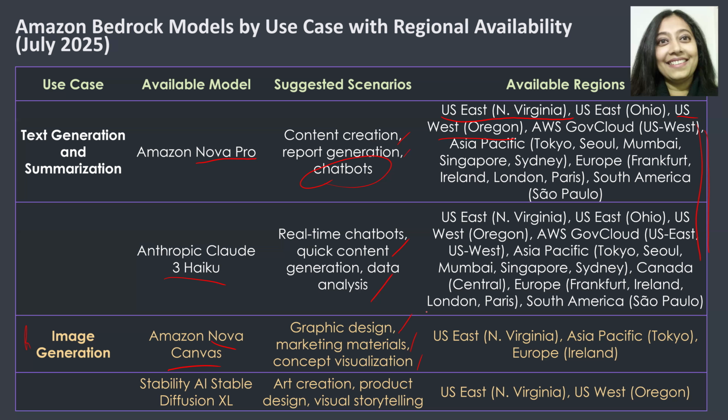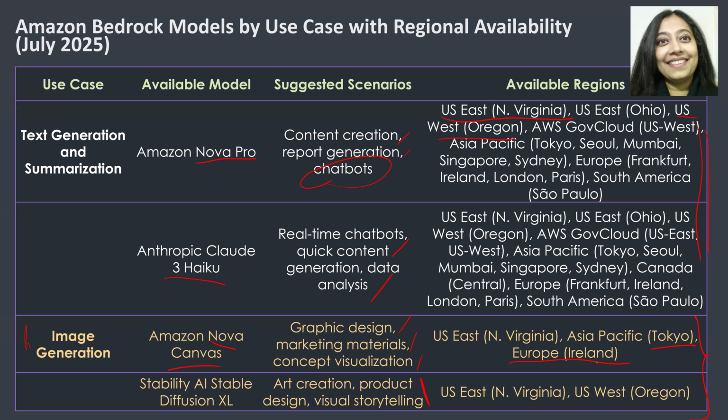Whereas Stability AI Stable Diffusion XL is good for art creation, product design, and visual storytelling. And these are the regions where these models are available. So Nova Canvas is available in Asia Pacific, Tokyo, and Europe, Ireland, along with US East. And over here you have US East and US West.